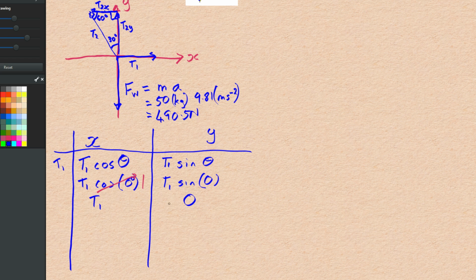If you want this to be written a little more formally, you could say that T1x is equal to T1, T1y is equal to 0. And we can see that up here, T1 doesn't have anything in the y direction, it's all in the x direction.